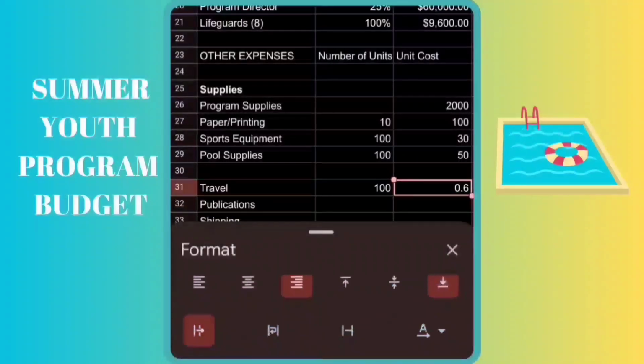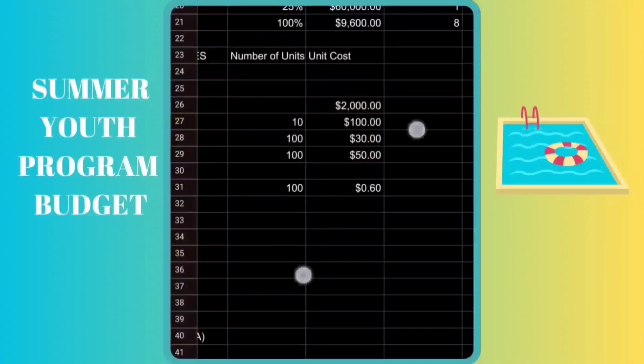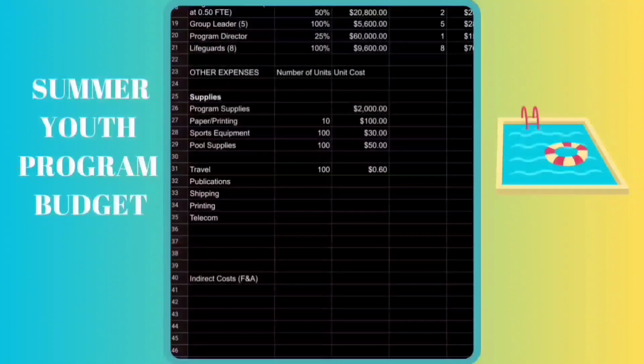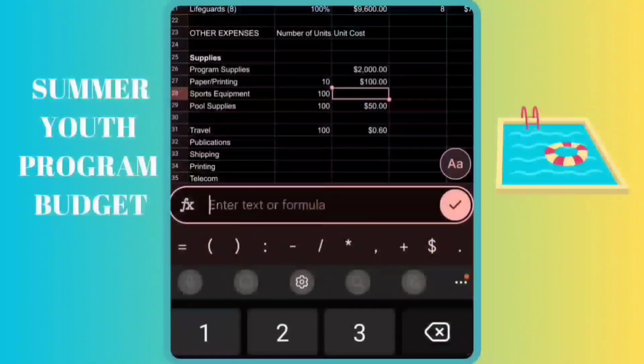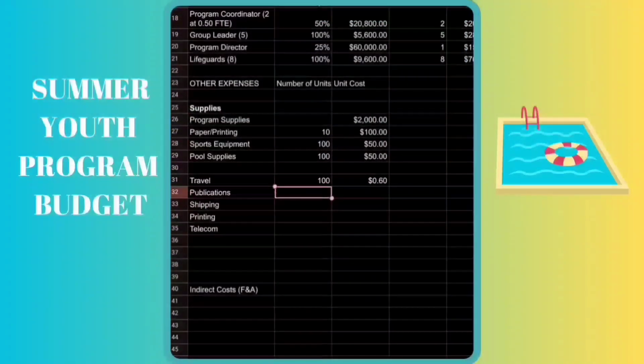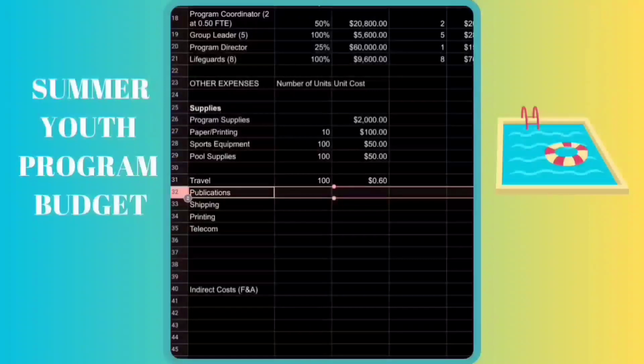This is an example travel budget. Some travel expenses could be gasoline, wear and tear on the car, if it is for staff, and so sometimes a per mile rate might be $60, and then there might be 100 miles that are reimbursed.